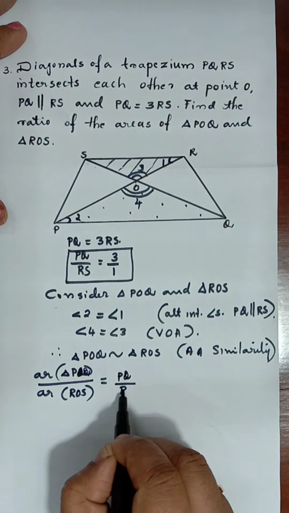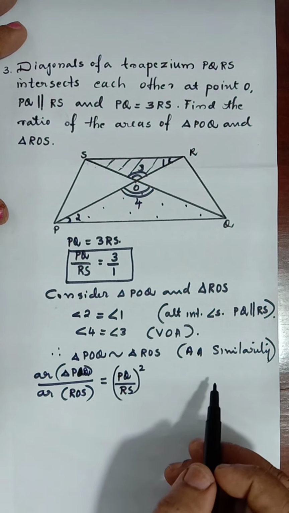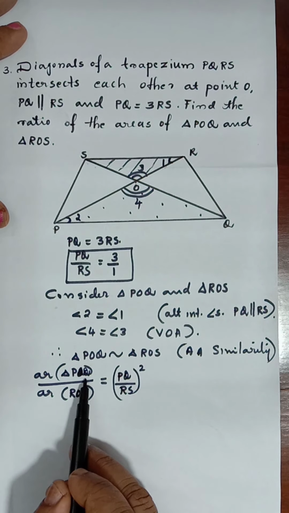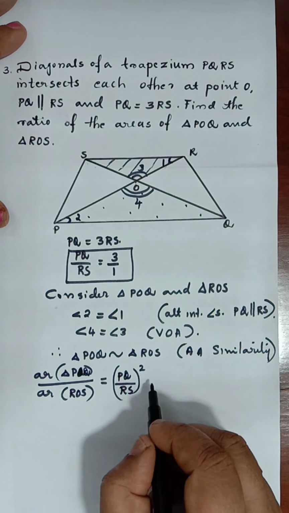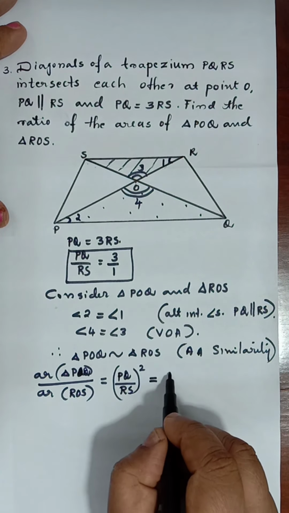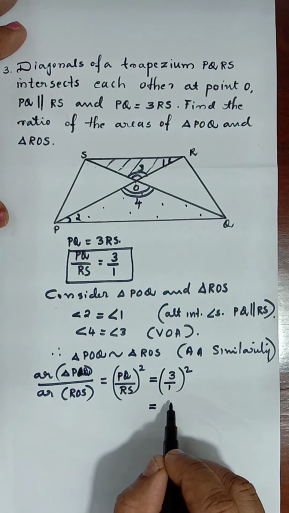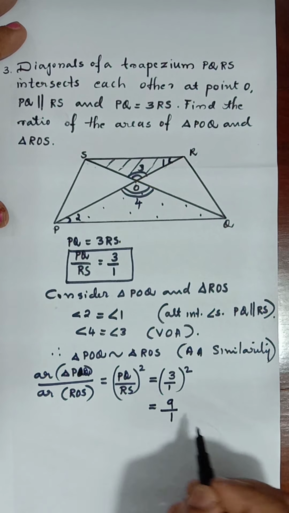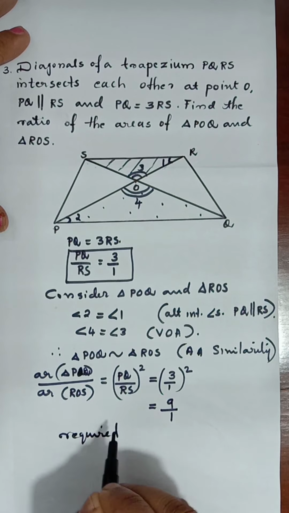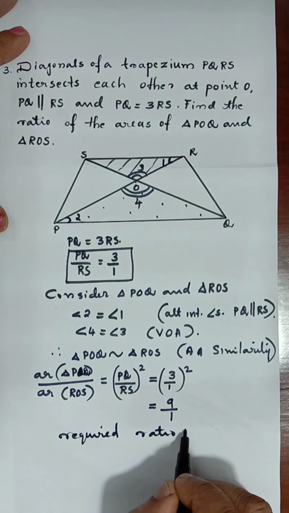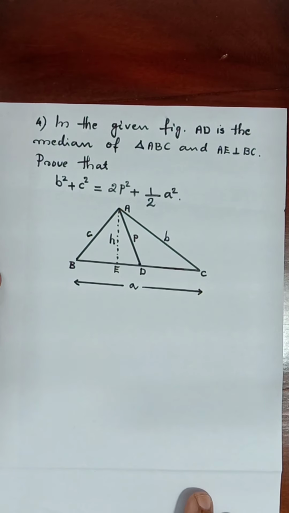PQ by RS whole square, that is, area of triangle POQ by area of triangle ROS equals PQ square by RS square. So PQ by RS is 3 by 1, and 3 by 1 whole square is 3 threes are 9 by 1 square is 1. So the required ratio is 9:1.